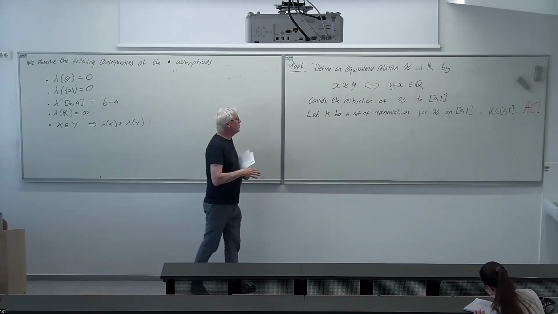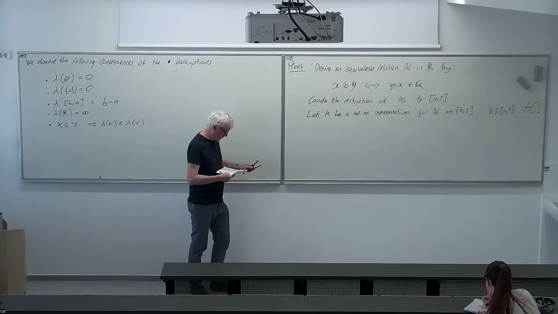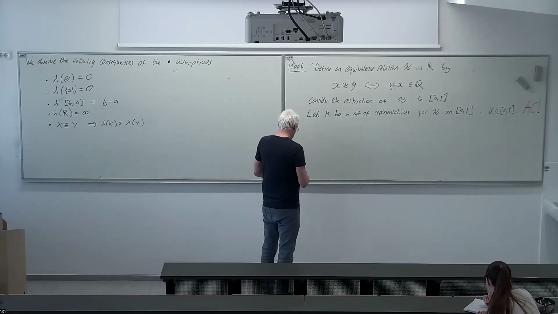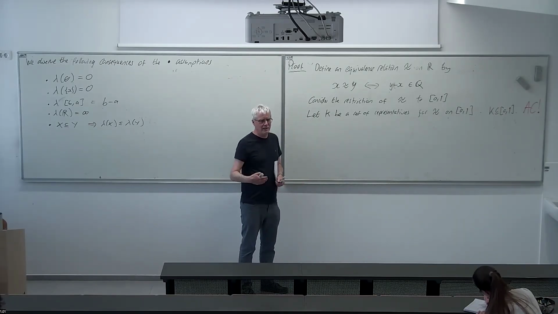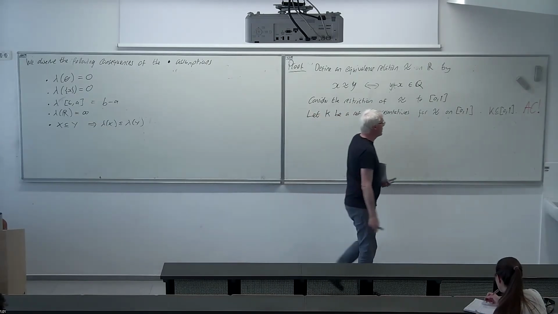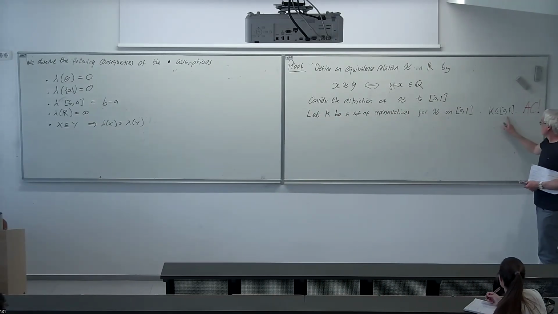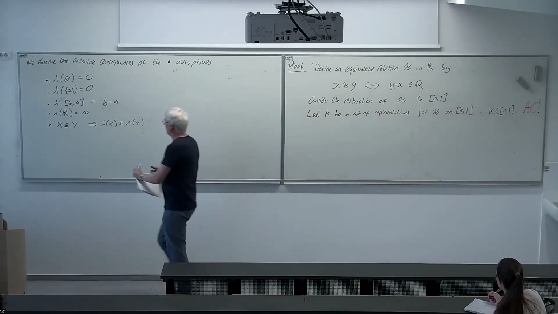What we're going to show is there's no consistent way of assigning a length to K. If we assign it a length, that length will either be 0 or non-zero. If it's non-zero, it can be at most 1 by the monotonicity property.